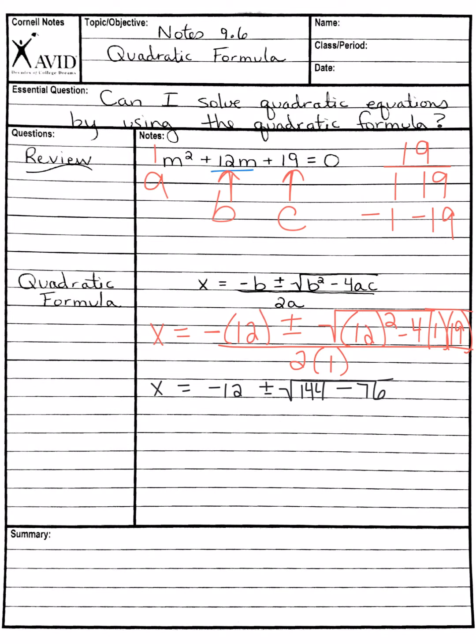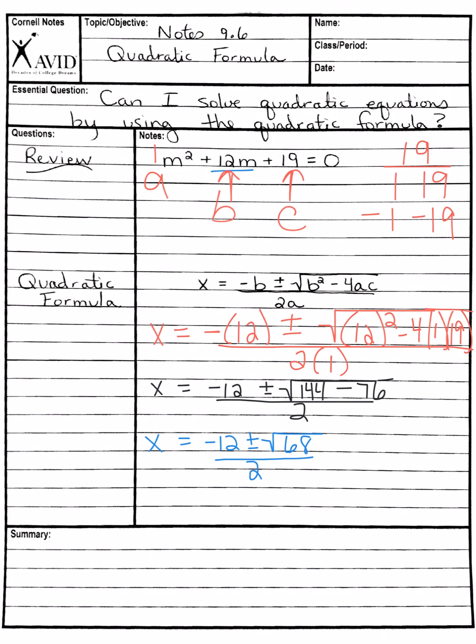That is all under my square root symbol, divided by 2. So you can see where I'm starting to simplify here. Next, I would do that 144 minus 76. And so we're going to have x equals a negative 12 plus or minus the square root of 68 divided by 2.